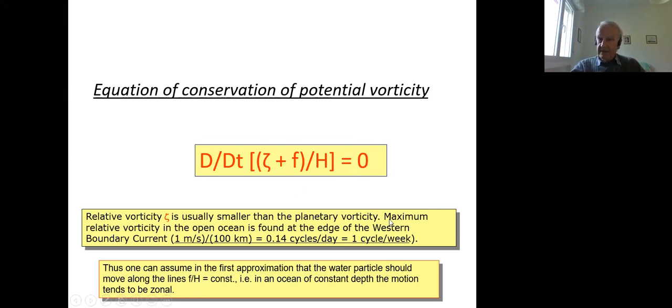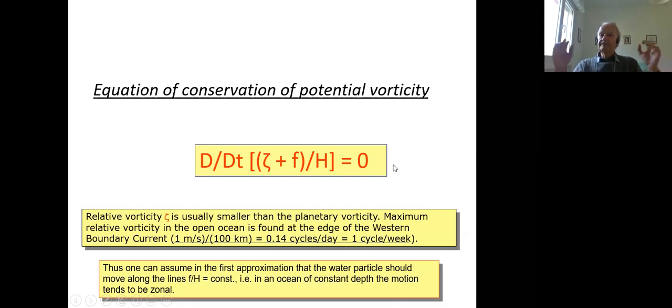except in these very special areas in the ocean, that the water particle should move along the lines of f over H, because only along the lines f over H constant, d/dt is equal to 0.